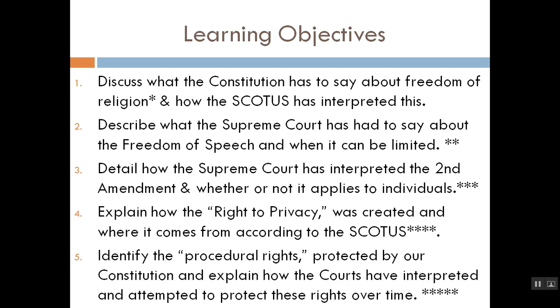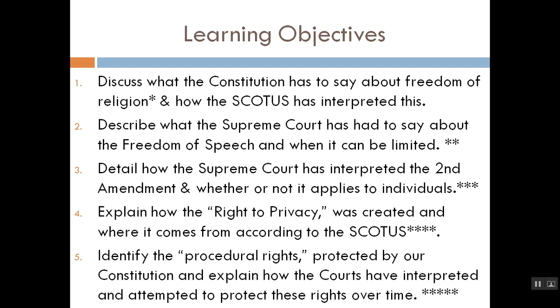The third learning objective asks for you to detail what the Supreme Court has had to say about interpreting the Second Amendment and whether or not it applies to individuals. The next learning objective asks for you to explain how the right to privacy was created and where it comes from according to the Supreme Court of the United States.